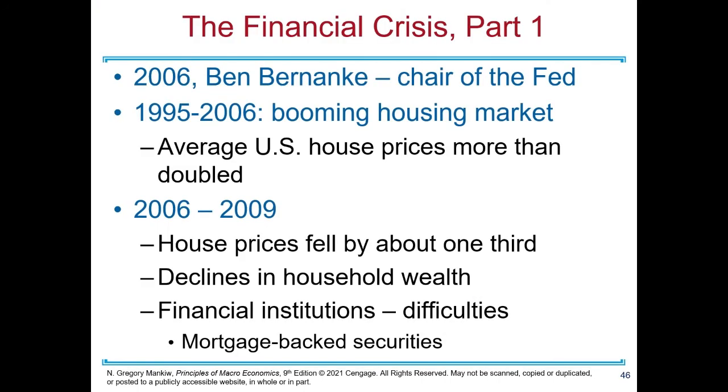The next period would be from 2005 to now. Ben Bernanke, or Bernanke, I hope I'm saying it right, was in charge of the Fed. And as you guys know, in the late 2000s, from 2007, 2008, around there, we had the Great Recession. And during this period, expected inflation remained at 2%.